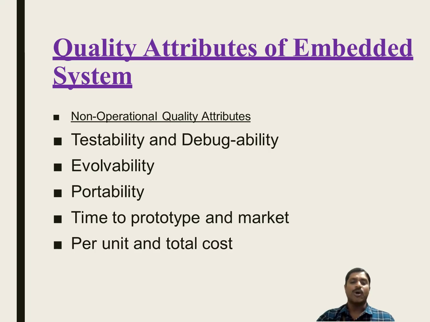And coming to the portability non-operational quality attribute, here it is the measure of system independence. An embedded product is said to be portable if the product is capable of functioning in various environments, targets, processors, and embedded operating systems. And here we are using the term porting.